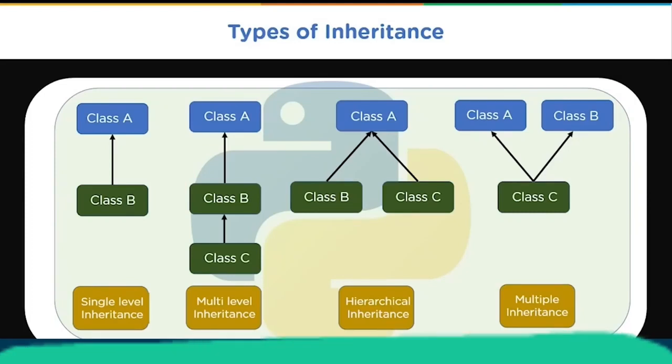Then there is hierarchical, where two different classes are inheriting from a single class, and then multiple inheritance, where a single class is inheriting from two different parents. So these are different varieties of inheritance, and basis what the business requirement is, you can define.